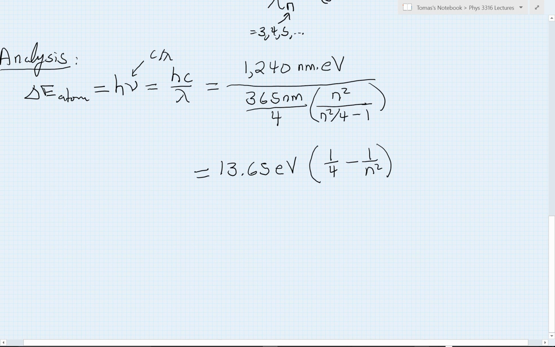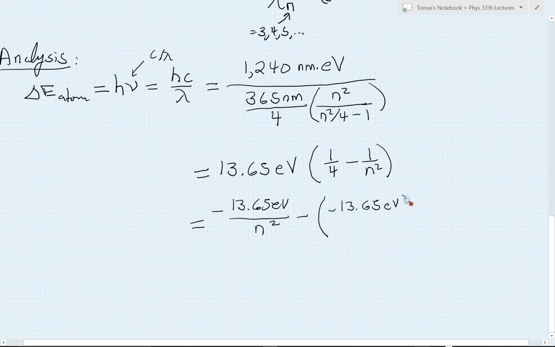So it feels like this really should be an energy difference between two different energies. And you can see it really is coming in the form of a difference. It really looks like it's something like minus 13.65 electron volts divided by n squared. That would take care of this term, minus another term. Now that term is the 1/4 term, which comes in with a plus sign. So I have to put in a double minus sign here of minus 13.65 electron volts.